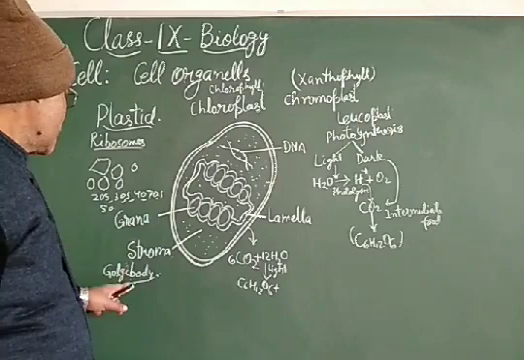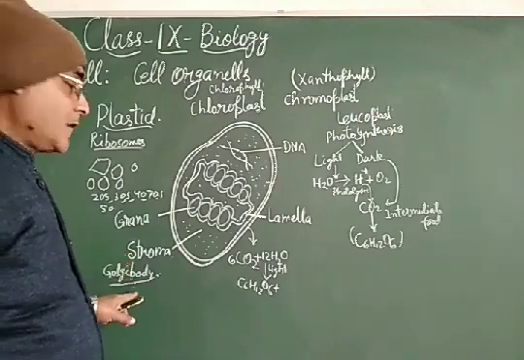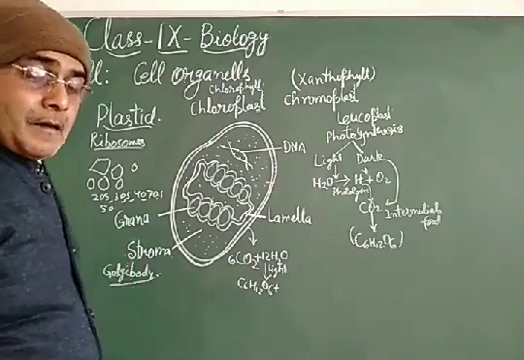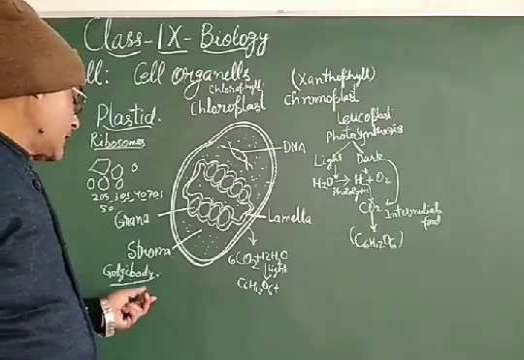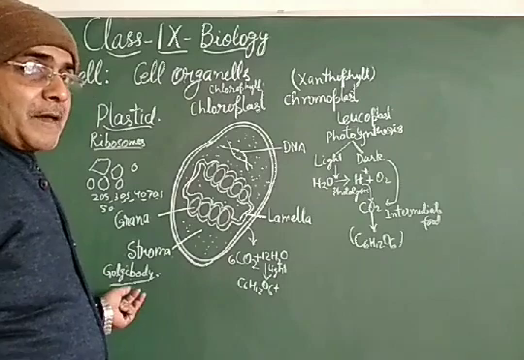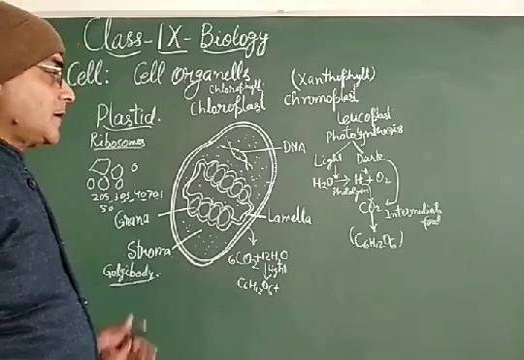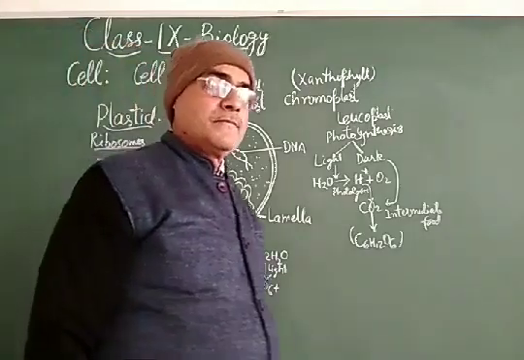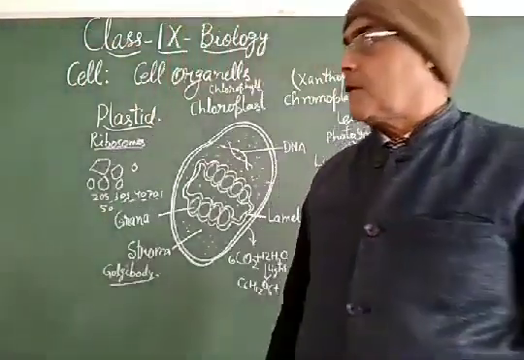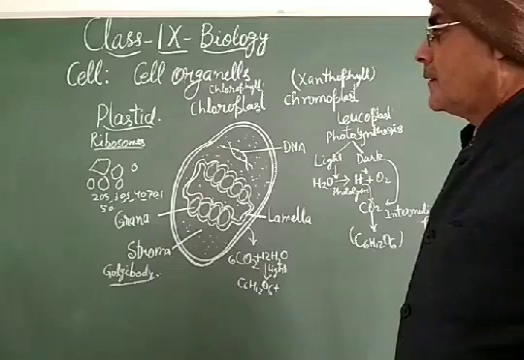Dear students, dictyosomes and Golgi bodies are the same cell organelle. Golgi bodies are found in animal cells, while dictyosomes are found in plant cells. But the functions are the same. They are responsible for packaging of lipoprotein and glycoprotein, which get produced inside the cell during the process of metabolism.